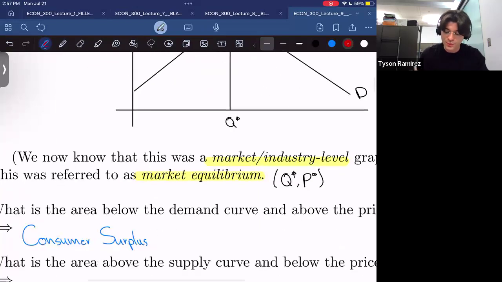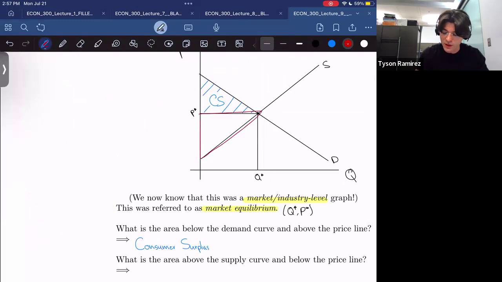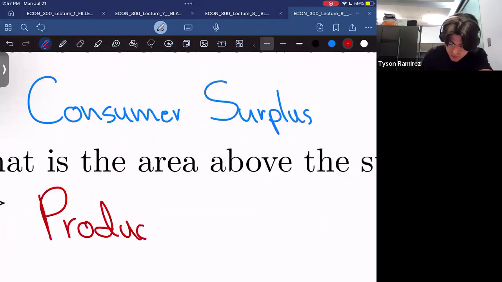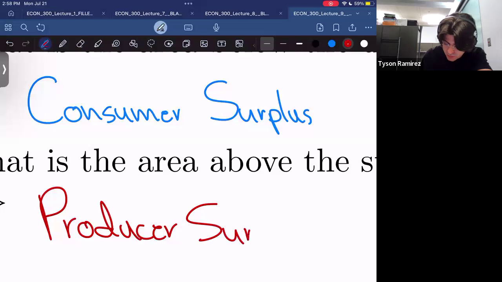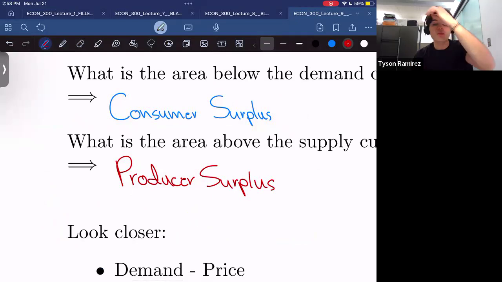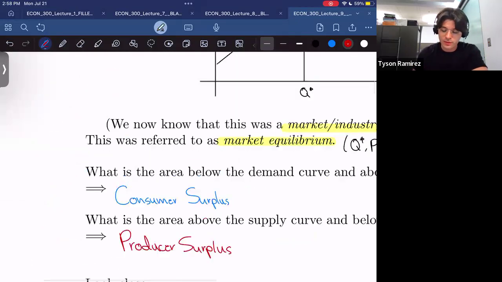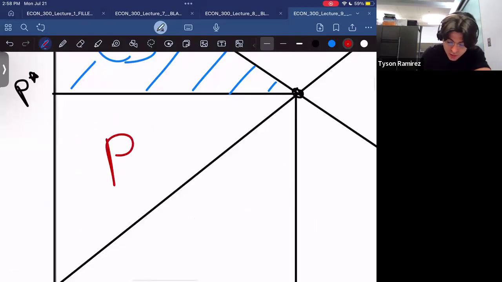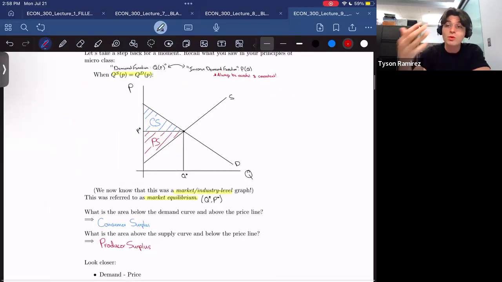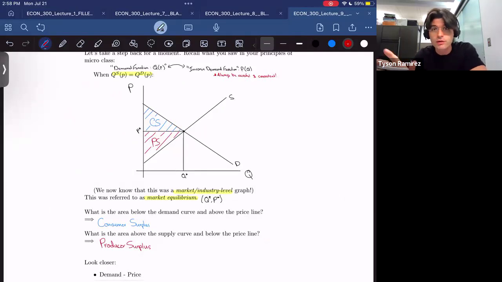Now, what about the area below the price line and above the supply curve? Well, we remember that that was the producer surplus. All principles of micro stuff, just trying to jog the memory a little bit. This is what we saw in our very first microeconomics class.